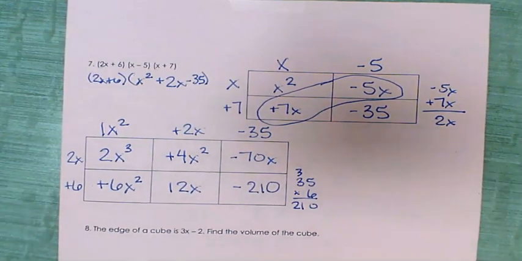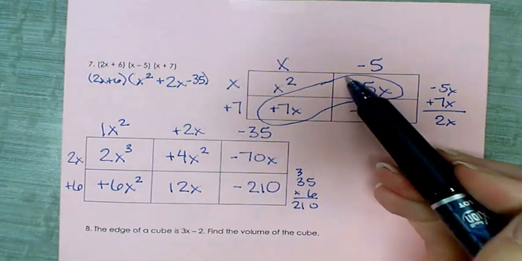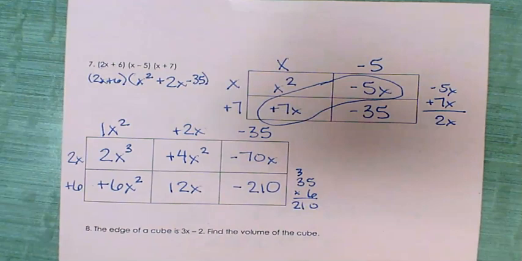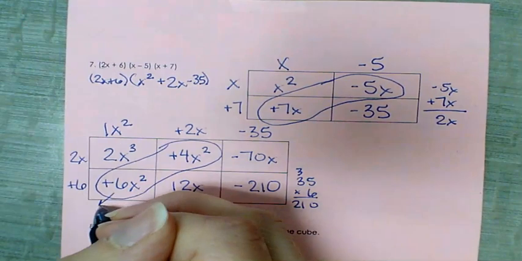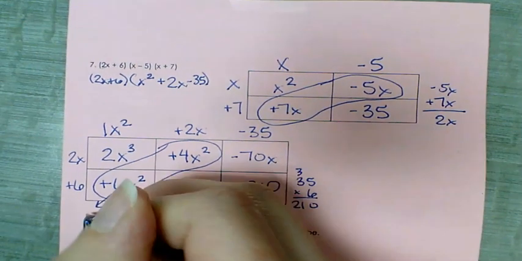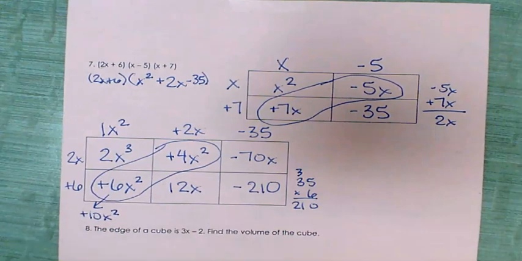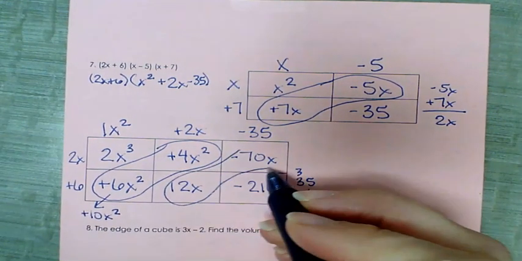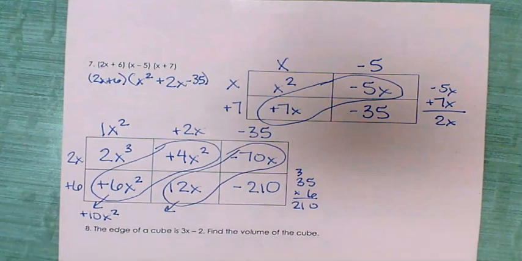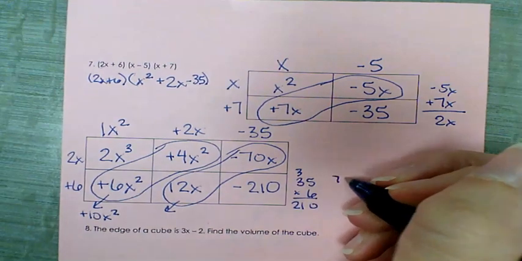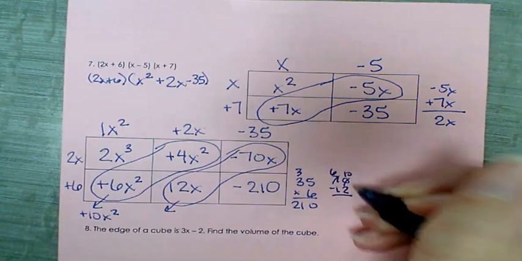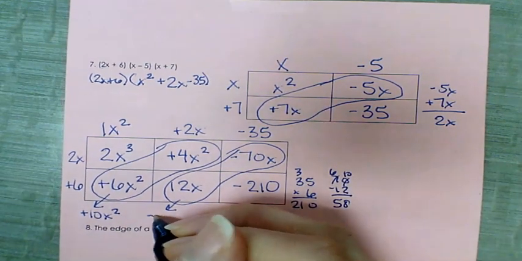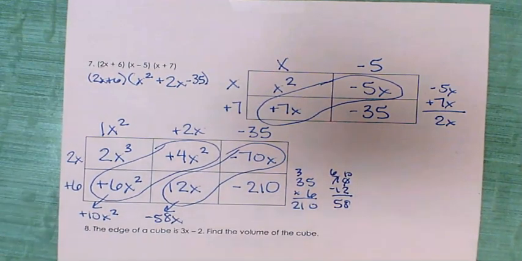And get negative 210. Now, remember that the like terms should typically be in the diagonals, and so here they are. There's some x squared terms, so 4x squared plus 6x squared is a 10x squared. And then there's another set of like terms. Negative 70x plus 12x gives me a negative 58x.